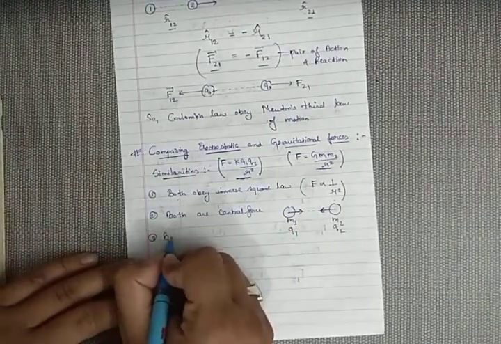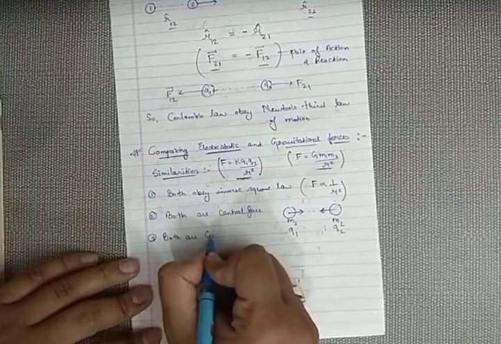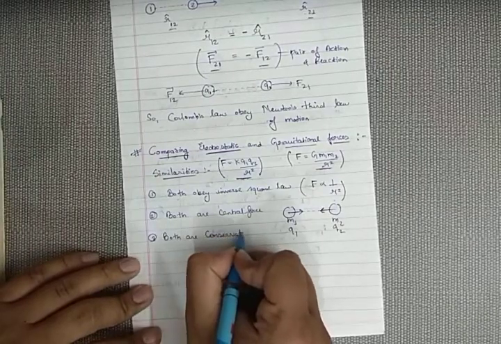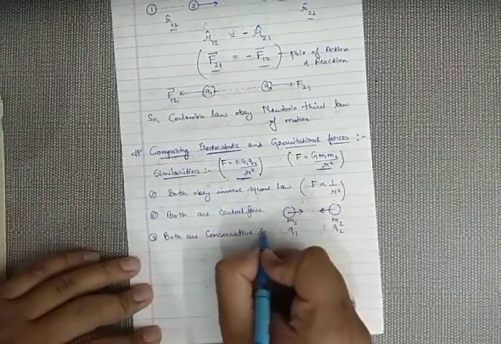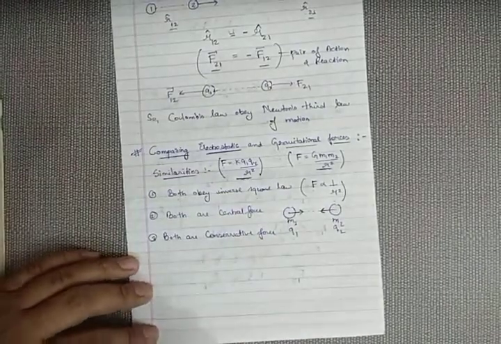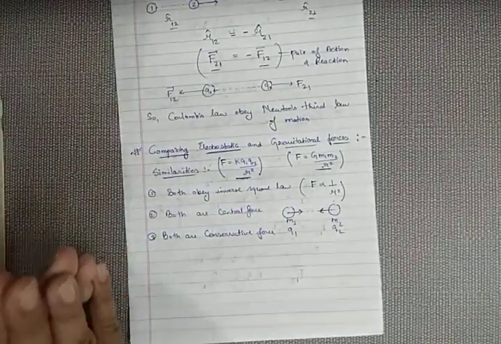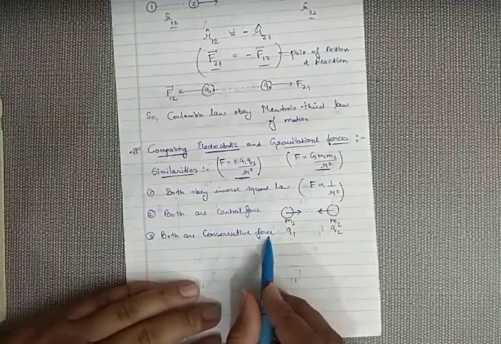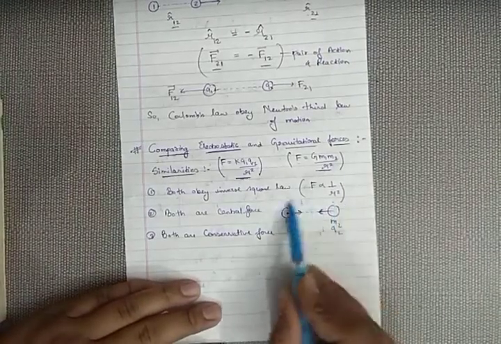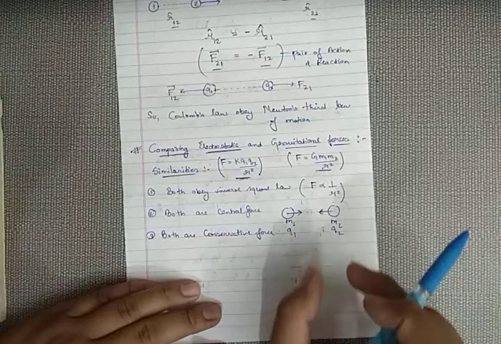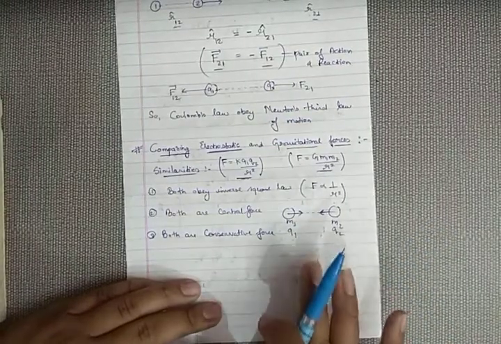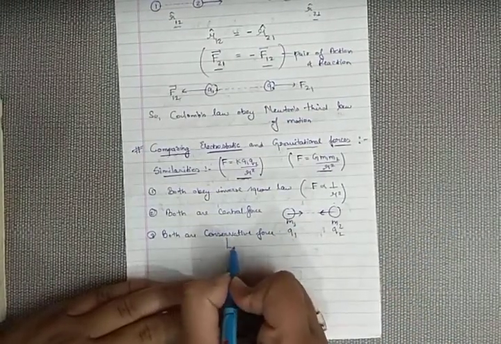Third, both are conservative forces. Now conservative and non-conservative, two terms are there in our 11th class. Conservative force means the amount of work done does not depend on the path. You have to just memorize it.